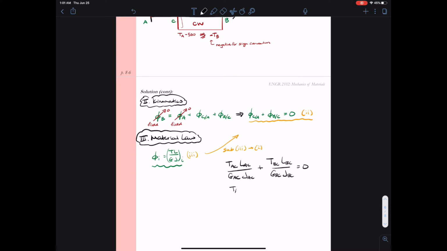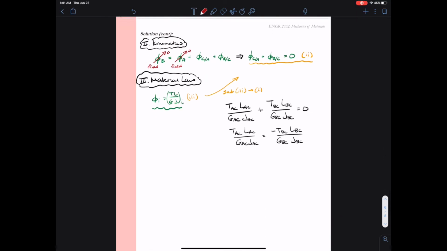Going from equation 3 to 2, we see that TL over GJ for segment AC has to equal TL over GJ for segment BC. And there's a negative sign in there again just to account for our sign convention. So this is just some relationship.